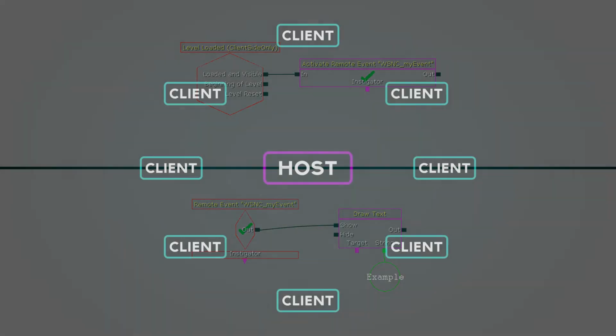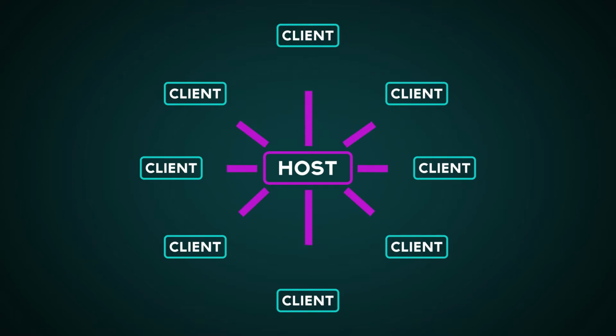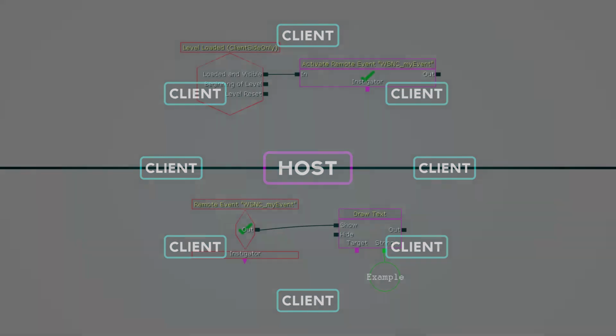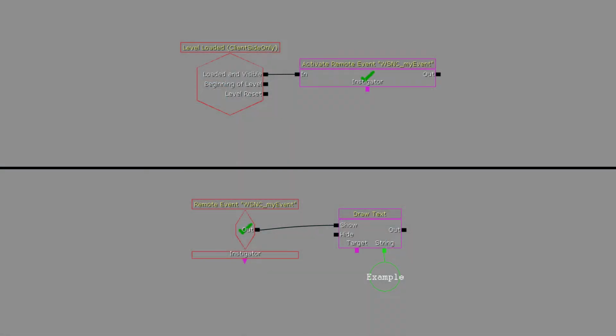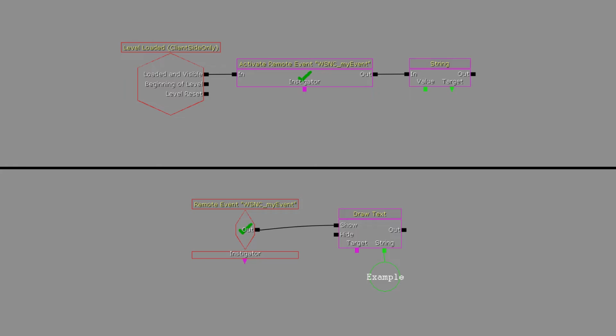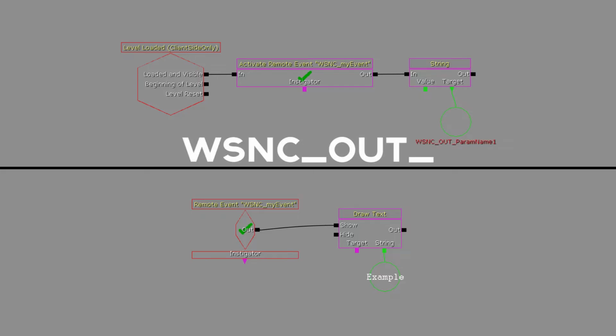However, with NetcodePlugin, it will also send the same message to all the other clients telling them to trigger their own remote events. You can also send custom parameters in your message, but this is where things get a little bit more complicated. To add a parameter to the message, add a SetString node after the Activate Remote Event node. The target variable must have a string_var node with a name that begins with WSNC_out.